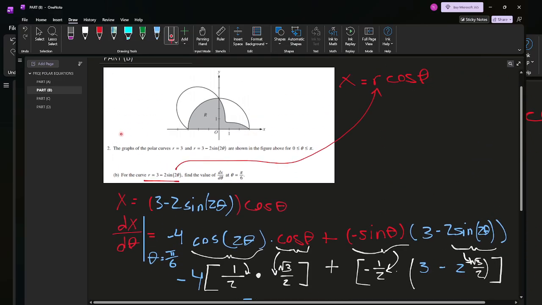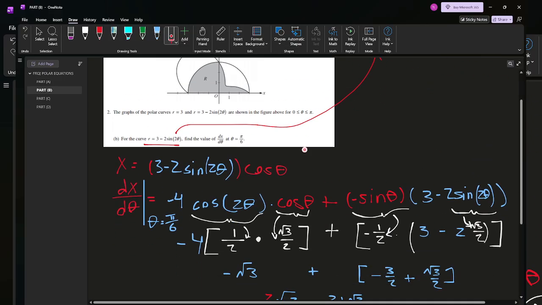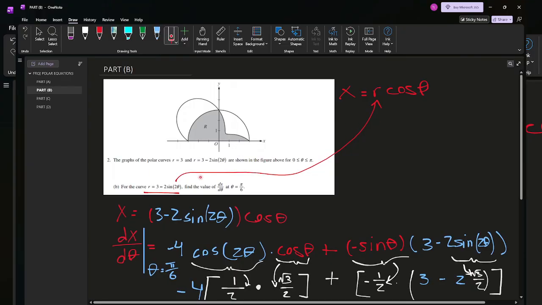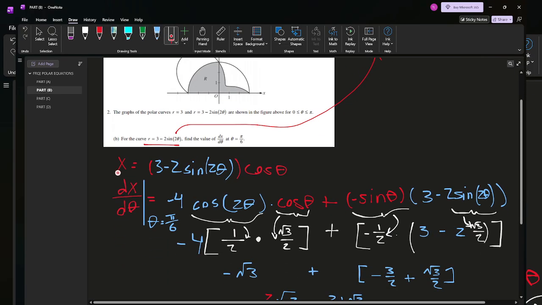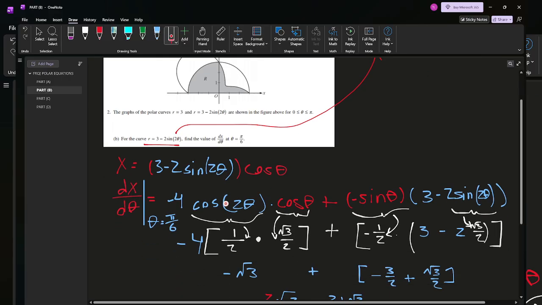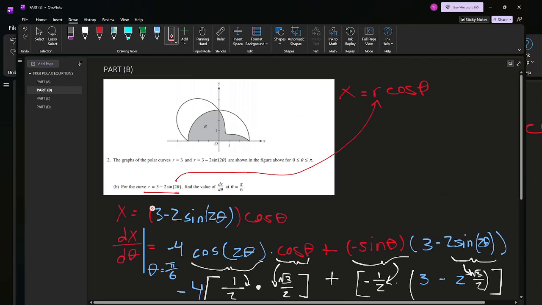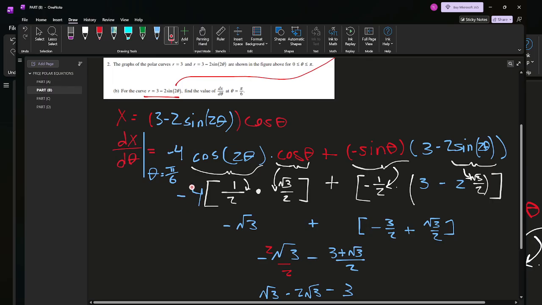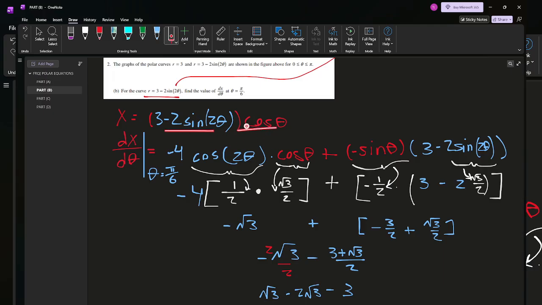So you have to plug in r, 3 minus 2 sine 2 theta, times the cosine theta. And then when you take the derivative, you use the product rule because you're multiplying this and that over here.